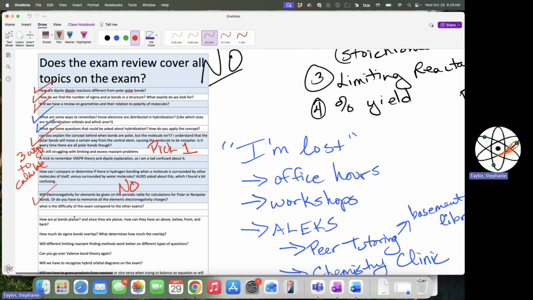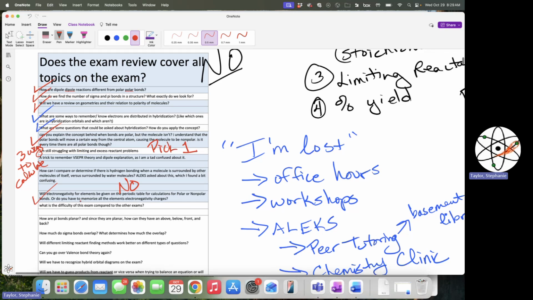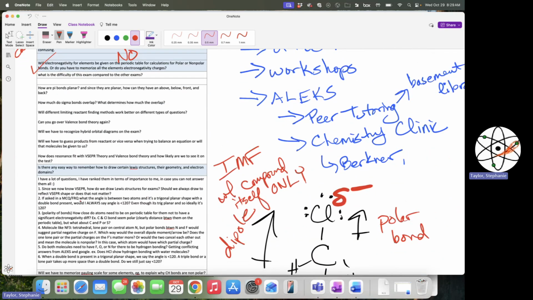What's the difficulty of this exam compared to other exams? I'll be honest, I don't know. Part of the reason I don't know is because some people are still not happy about dealing with Lewis structures, and you still need Lewis structures. Other people are fine with Lewis structures, and maybe they even remember some of the molecular geometries from high school. And so this exam is really difficult to judge because in general, it's very cumulative, which should make it more difficult.